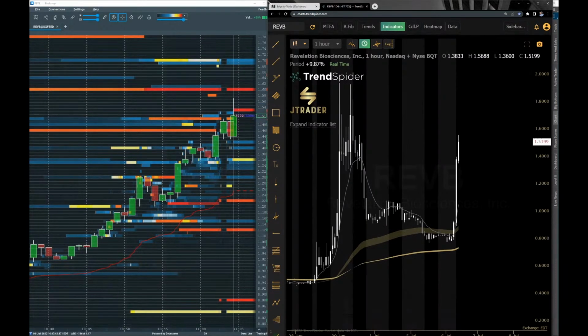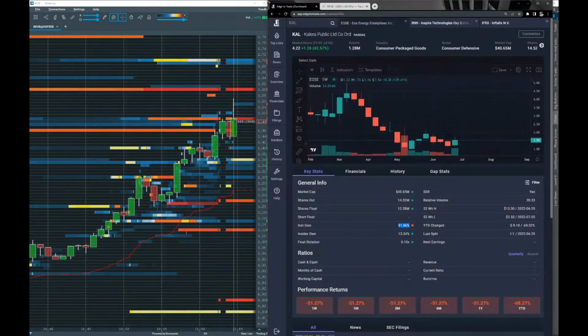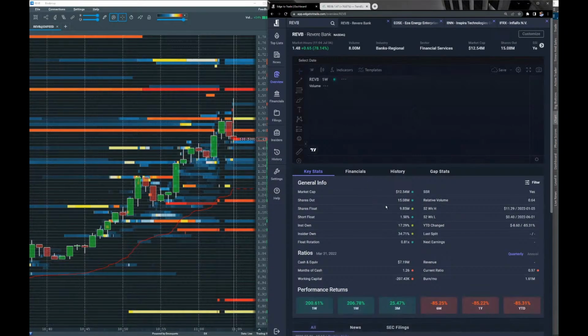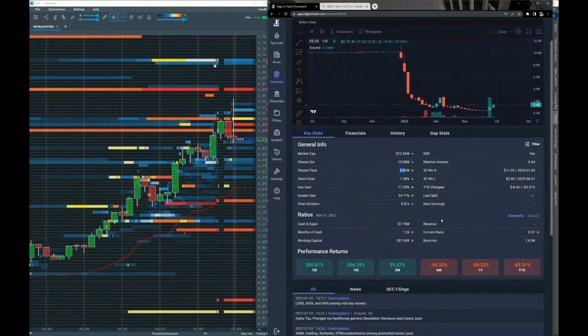Okay, so let's look together at the price section over here on RevB. We have an SSR stock, 10 million float, low institutional ownership.